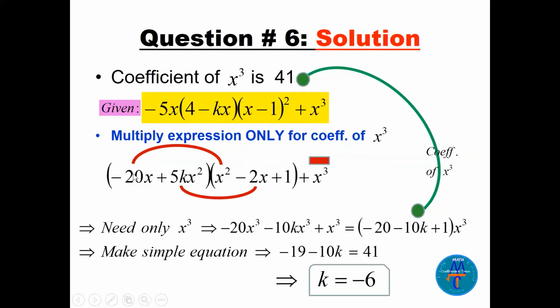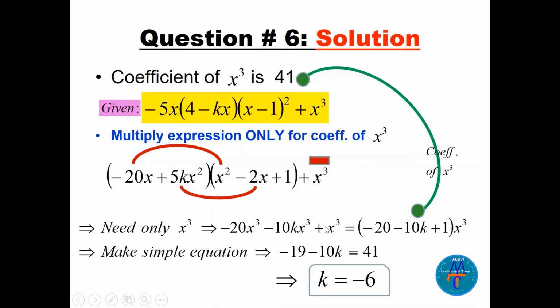Now, where is x cubed? If I multiply the x with the squared, that will give me cubed. So we only need the cube. So minus 20 here, this one with this one will give me cube. So minus 10k x cubed plus x cubed. It's already there in the question. So if I take x cubed out, that will be minus 20 plus 1 here, you see.